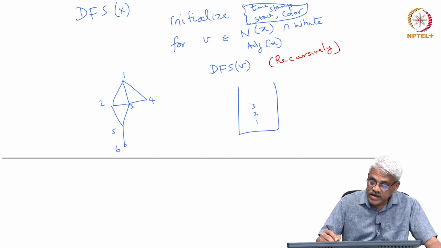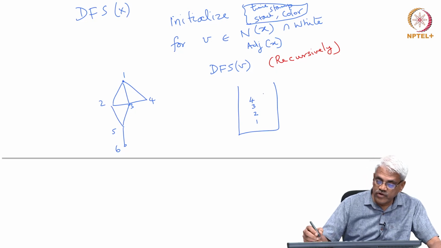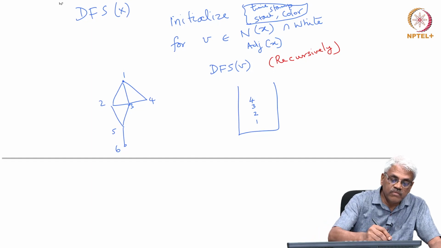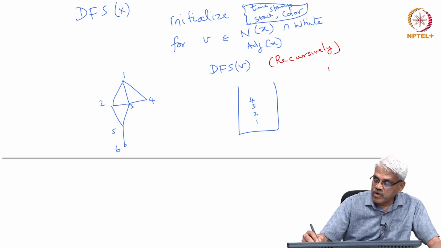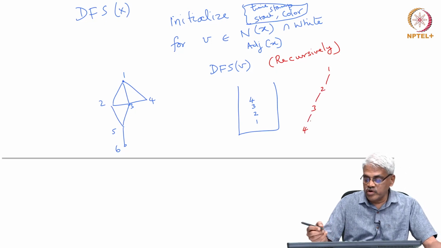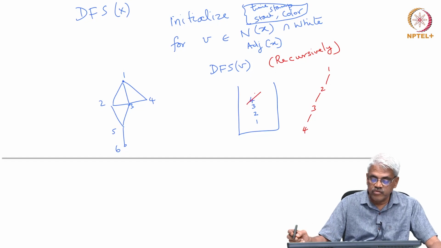And then I immediately explore 3's neighbors. 3 has 1, 2 and 4 as neighbors, 1 and 2 are already gray. So, I am going to put 4. Then if you want to see the tree, it will look like this: 1, then I go 2, and then I go 3, and then I go 4, and then I find that 4 has no more neighbors. So, it is done, I remove it.